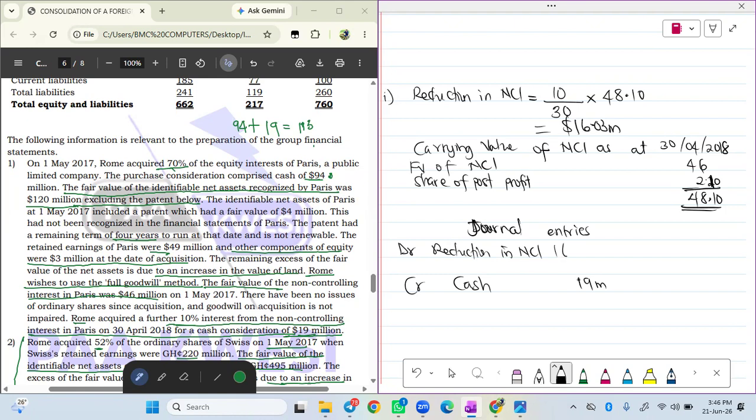So we debited 16.03. The difference, is it a decrease or increase in other component of equity? This one will be a decrease, so you debit the decrease in other component of equity. What is the figure for that one? And what's the balancing figure?